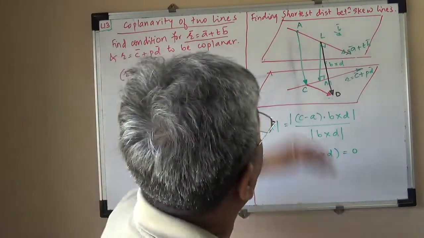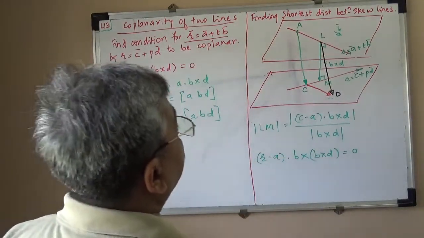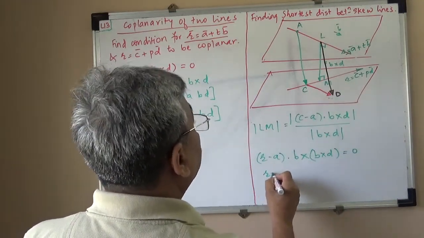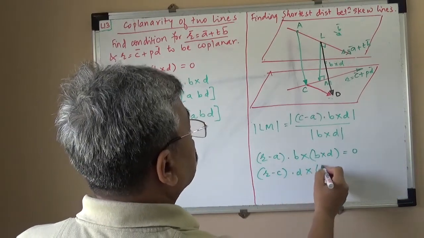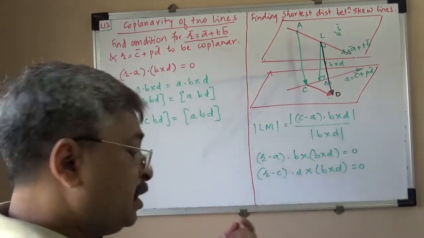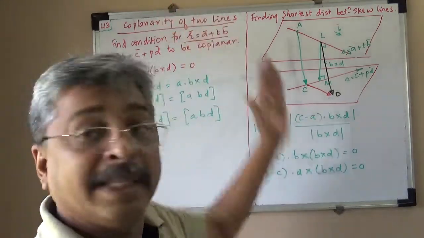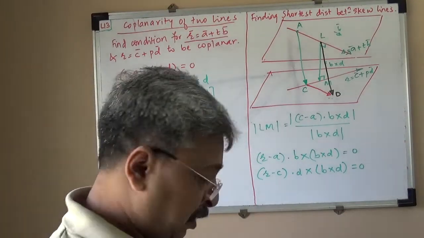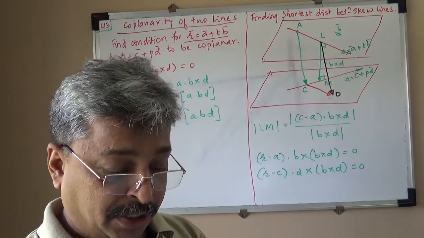So the plane containing line AL and LM is this, and the plane containing line LM and line CM is going to be R minus C dot D cross B cross D is equal to 0. So the line of intersection of these two planes is going to be the line LM, the equation of line LM. So this is what is important, shortest distance, etc.